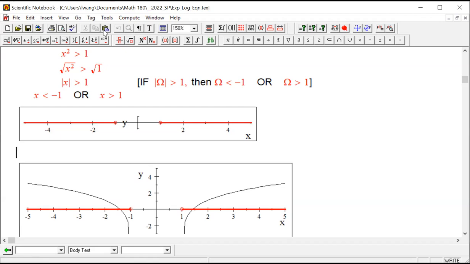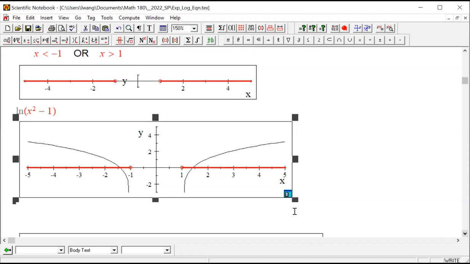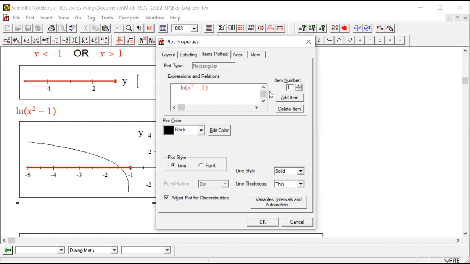The red horizontal line pieces are the domain, and you can see the graph only shows the domain, and there are two vertical asymptotes. I'm going to graph them again.